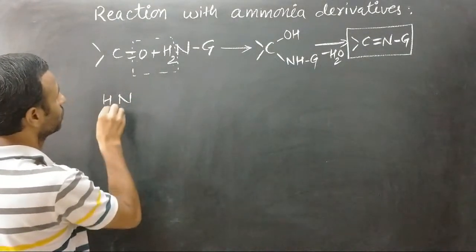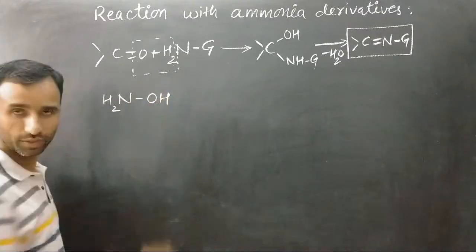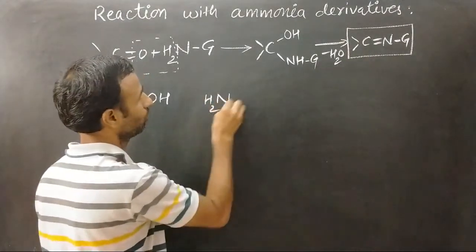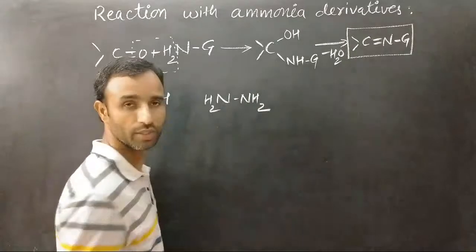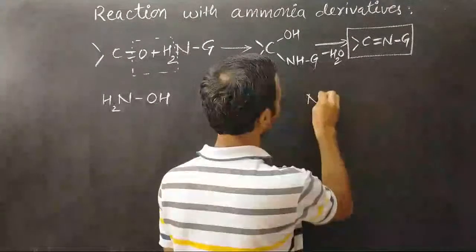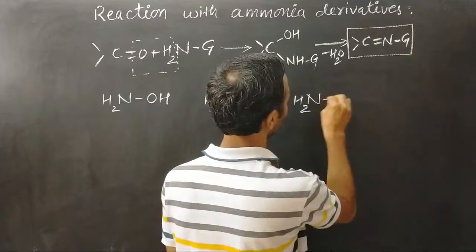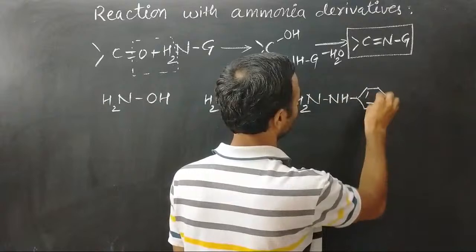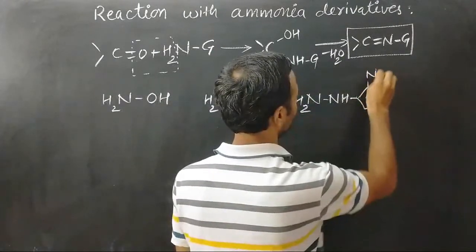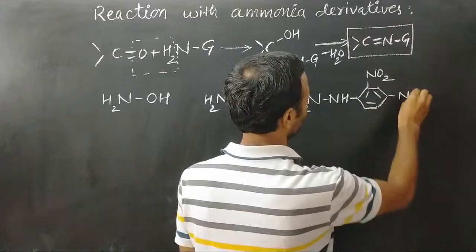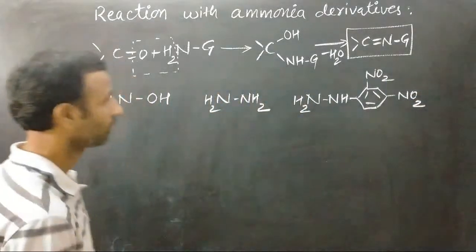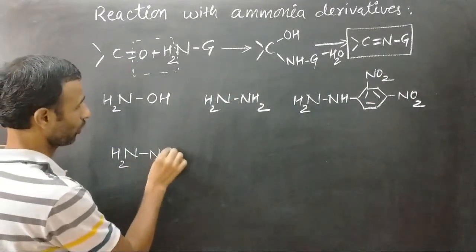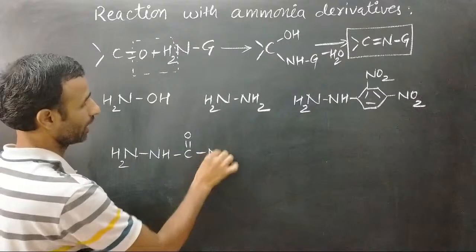First is NH2OH. What is the name of this compound? Or NH2 NH2. Then NH2 NH, like this, or NH2 NH C double bond O NH2.